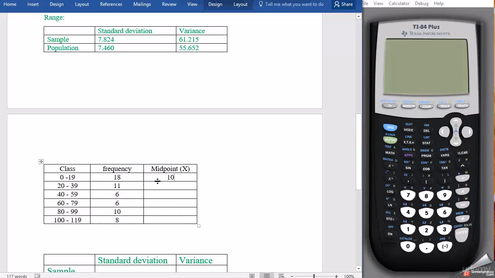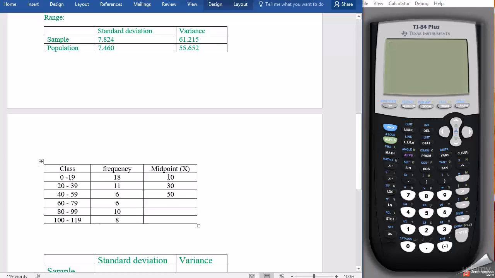Okay, to get the next midpoint, we add the next lower boundaries. 20 plus 40, that's 60, divided by 2, that's 30. To get the next midpoint, we add 40 plus 60 and divide by 2. 40 plus 60 is 100, divided by 2, you get 50.